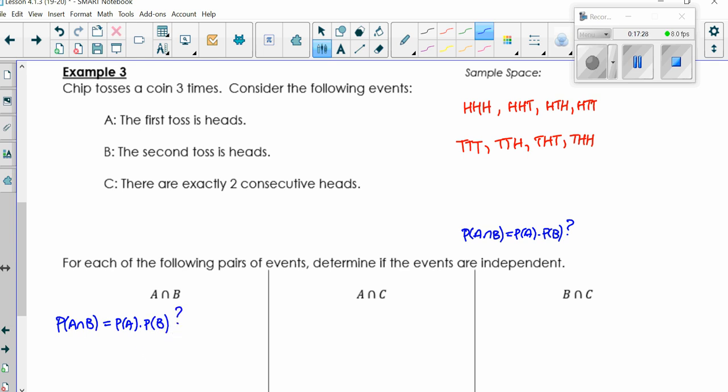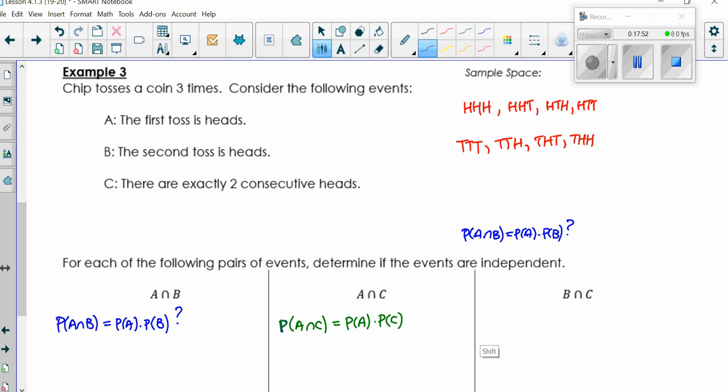Put a question mark. Okay, then I also want to know if the probability of A and C is equal to the probability of A times the probability of C. Okay.